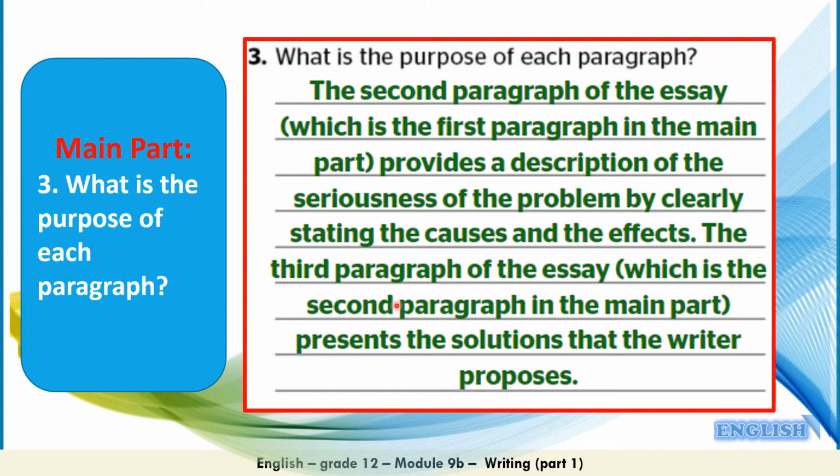The third paragraph of the essay, which is the second paragraph in the main part, presents the solutions that the writer proposes. So we have here a paragraph about the problems, the causes of the problem, and the other paragraph is about the solutions.